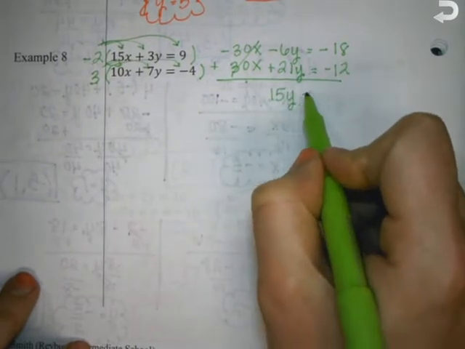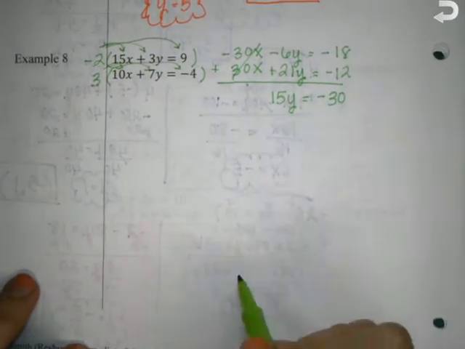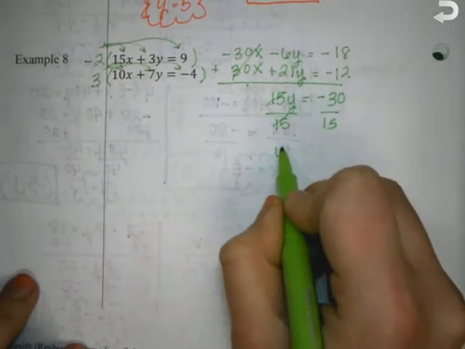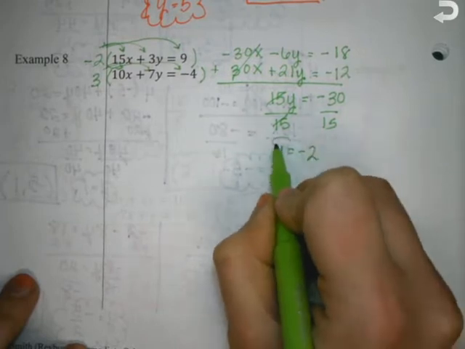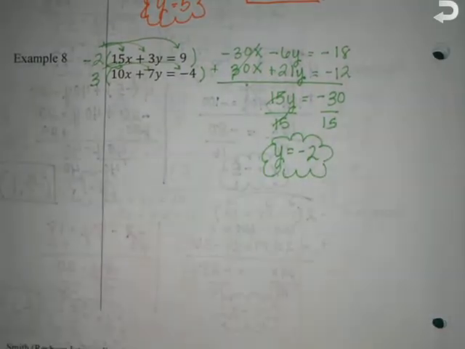Be careful with your signs, because if you forget a negative, it's going to screw up the whole thing. Okay, what do I do now? Plug it in. Did you use the top or the bottom? Top? Bottom? Bottom. Who used top? Who used bottom? I'm going to go bottom this time.